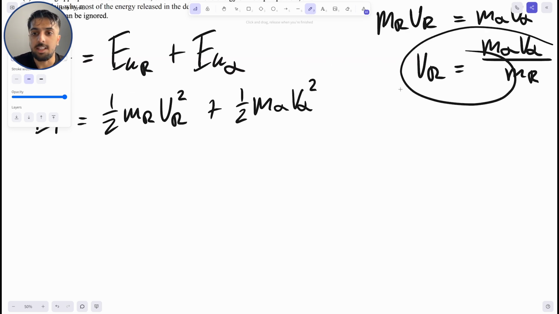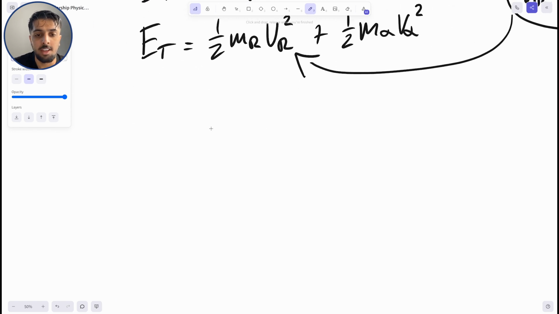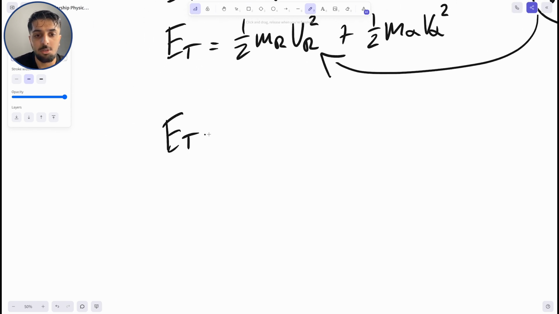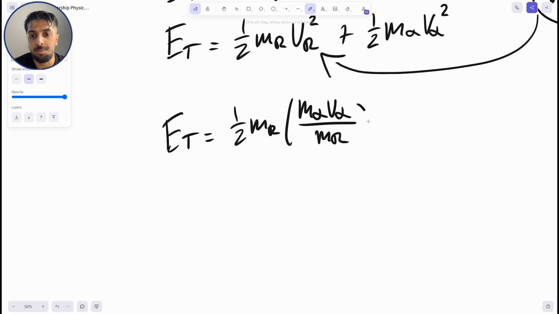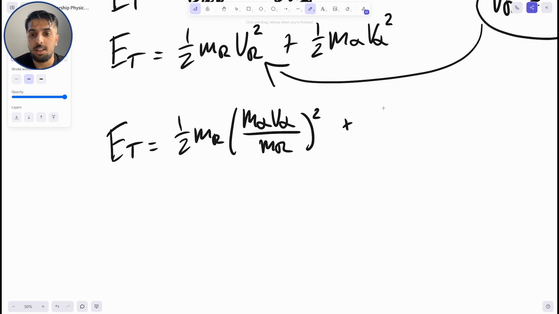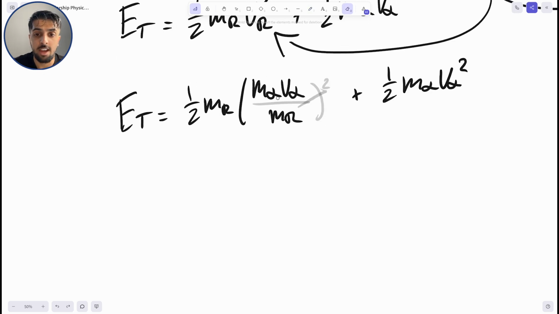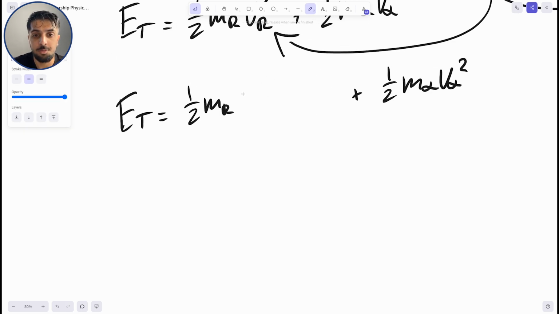Now we can make that substitution into here, and we get our total energy is equal to half mR times (the mass of the alpha particle times the velocity of the alpha particle all over mR) squared, plus half m alpha v alpha squared. Now we can expand this out like so.